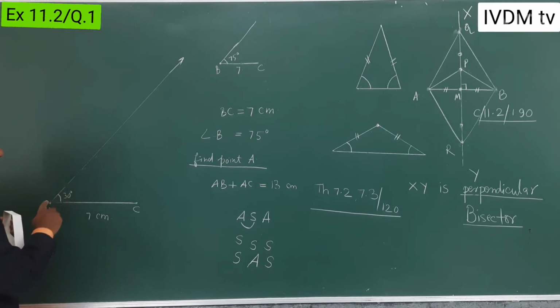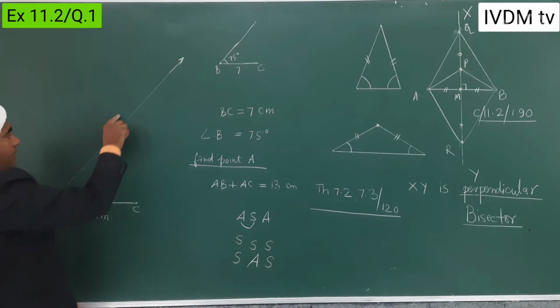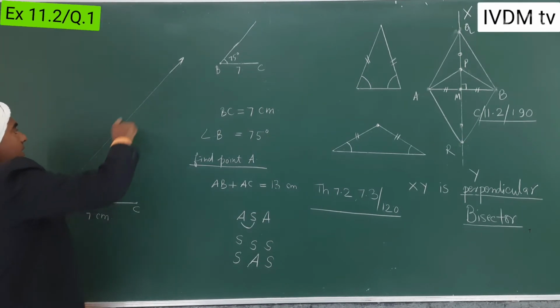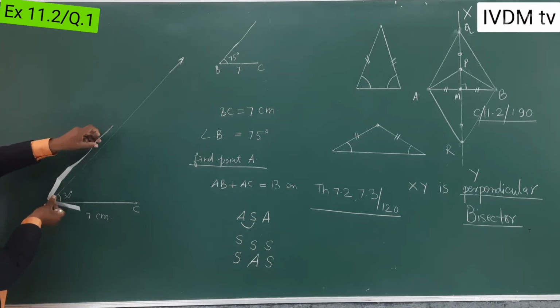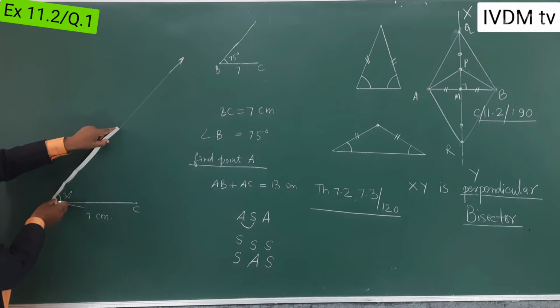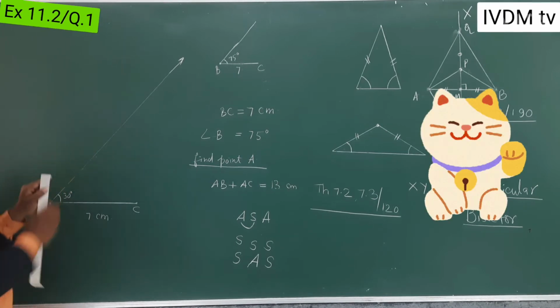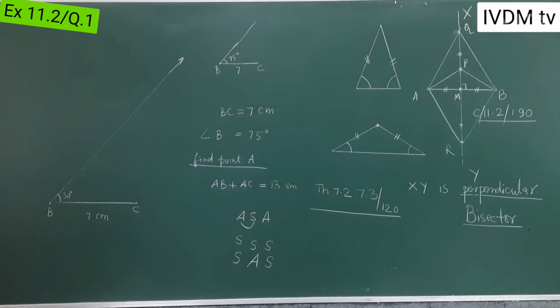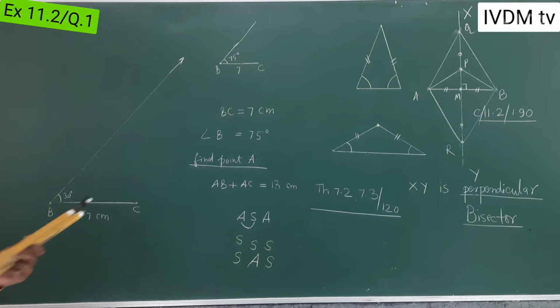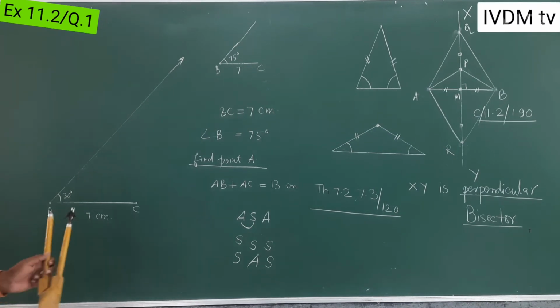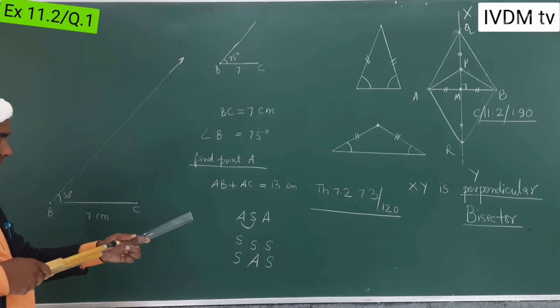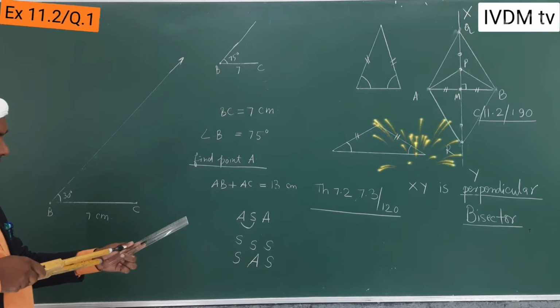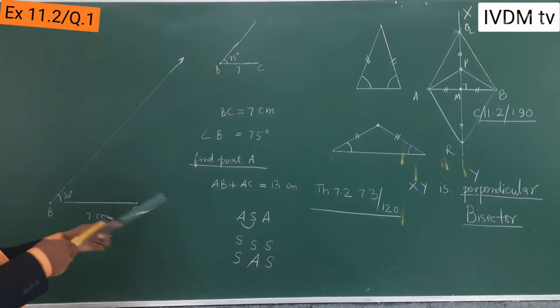So don't worry about that. This is B, take a point here at 13 centimeter, means first make your line limited. So I will cut a point here at 13 centimeter. Take 13 centimeter on your scale and then cut.